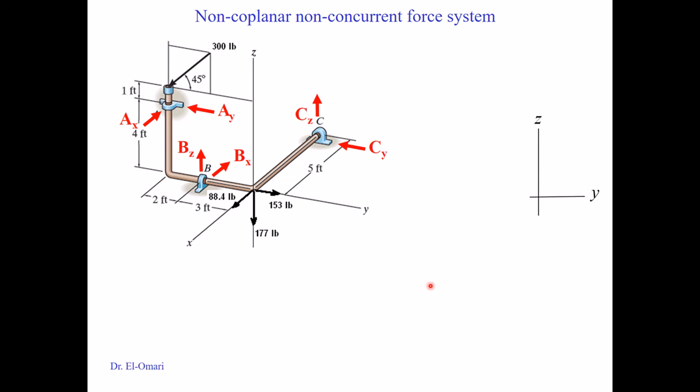Moments. Sum of the moments about the x. I'll give you an interesting tip. If you cannot just see what rotates about the x-axis from a 3D image, I advise you to draw a 2D image of the other two. I'm taking the moments about the x, so I draw the positive directions of the z and y axes, and the x is coming out of the plane.